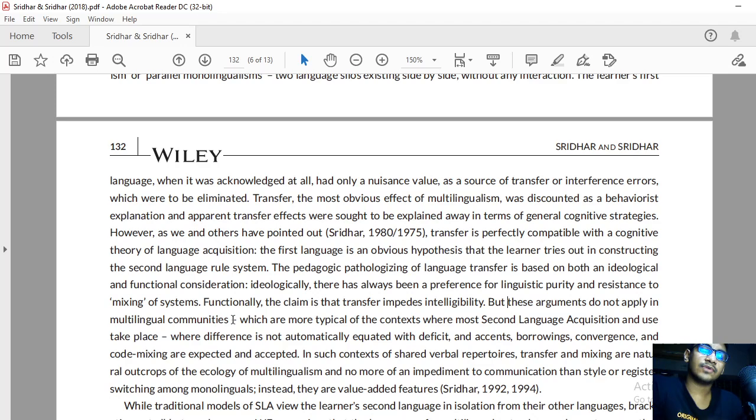Again, the argument is that more than twice the number of people are actually non-native speakers, and they speak to non-native speakers. So there is actually no reason to think of the native speaker as the model. In multilingual communities, people don't actually have this problem of intelligibility. They are very much intelligible, even more.